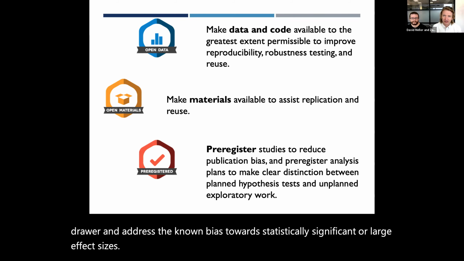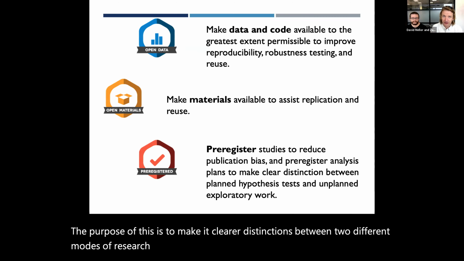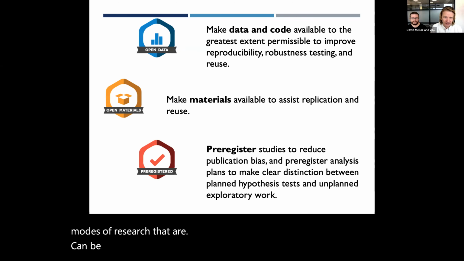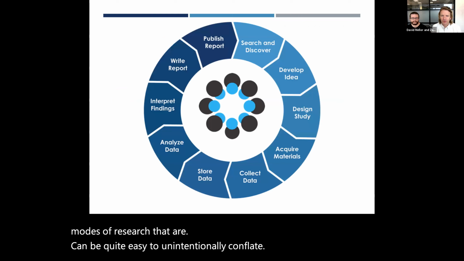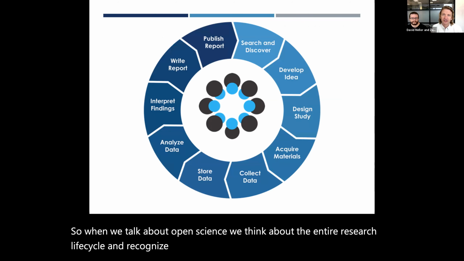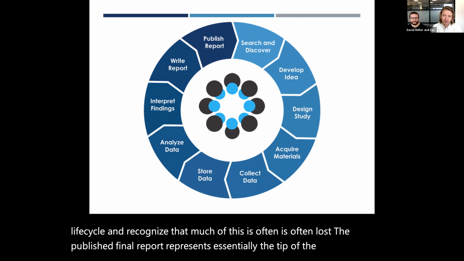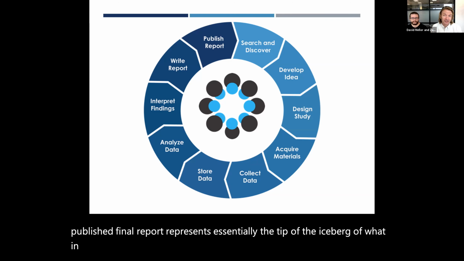The purpose of this is to make clearer distinctions between two different modes of research that can be quite easy to unintentionally conflate. When we talk about open science, we think about the entire research lifecycle and recognize that much of this is often lost. The published final report represents essentially the tip of the iceberg of what in many cases is years of work that went into it.